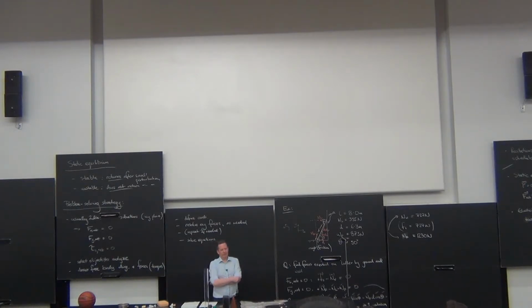What is the angle that determines whether it goes back or it falls over? The point at which the weight of the object, acting at the center of gravity, crosses.